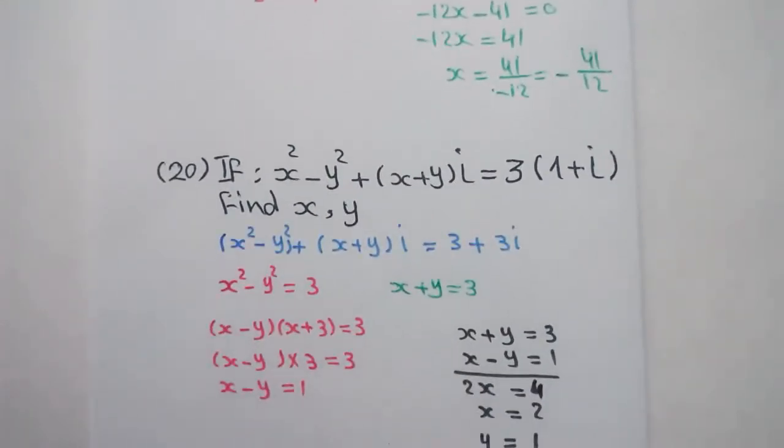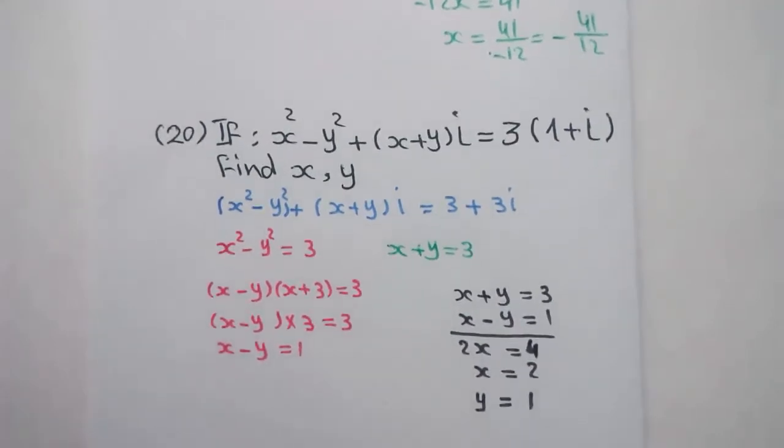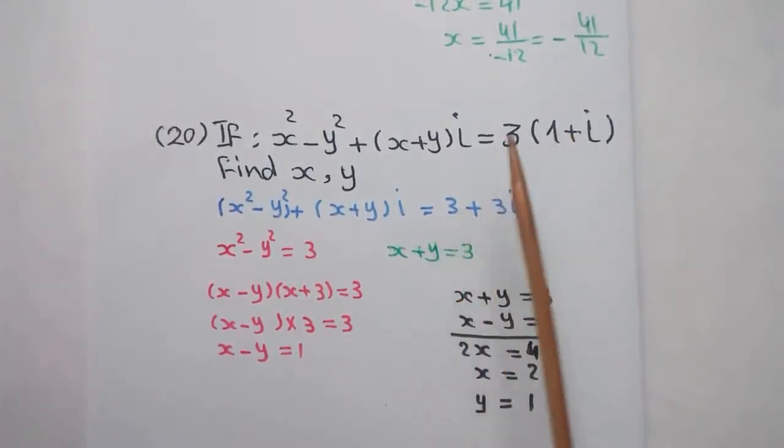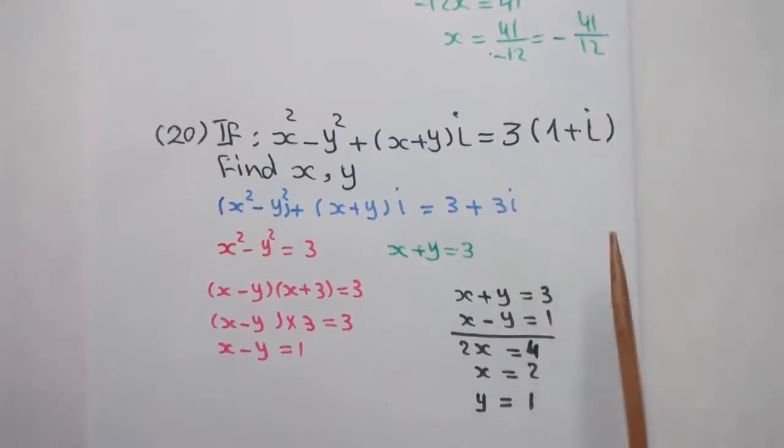Another example. If x power 2 minus y power 2 plus bracket x plus y i equals 3, will be times 3 times 1, 3, 3 times i, 3i.